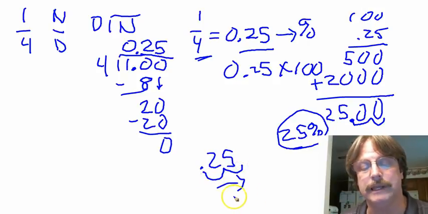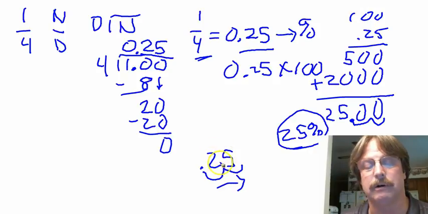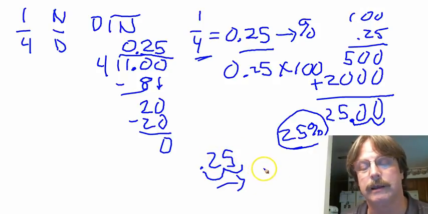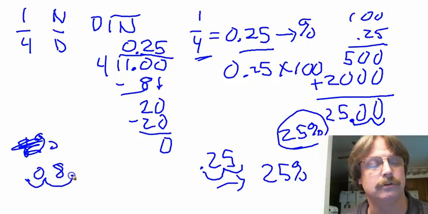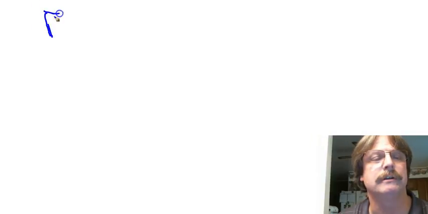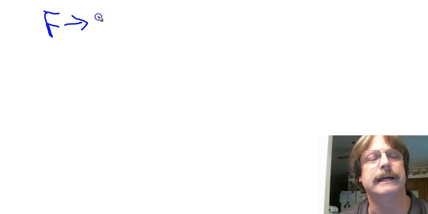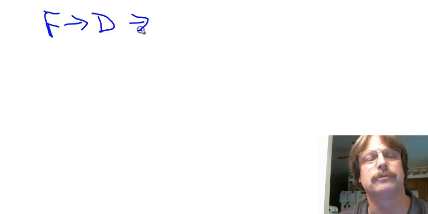It's always 2 places and always to the right when you're going from decimal to percent, and you'll come up with the 25%. If I had 0.08, what's my percent? I move it over 1, 2, and I'm going to have 8%. So we went from fraction to decimal to percent.